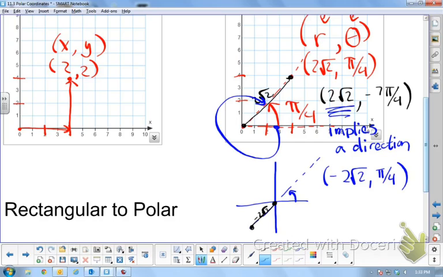So it can be confusing. But the advantage of polar coordinates is there are certain functions that are really complicated in rectangular and are super simple in polar.